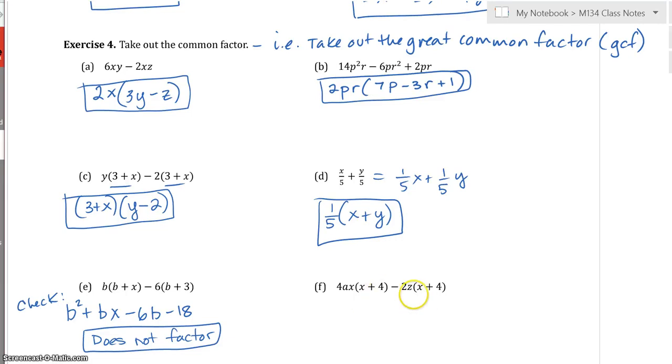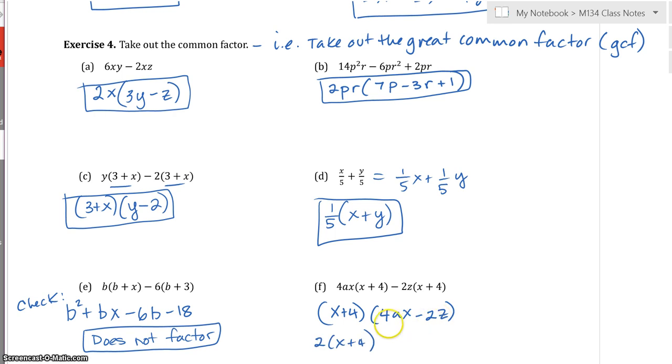Okay, so let's try this one. X plus 4 is common, and what we have left is 4ax. Oh, this one's tricky. Minus 2z. This is not factored completely, because when I notice here, a 2 is common.